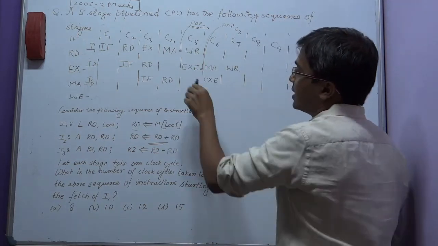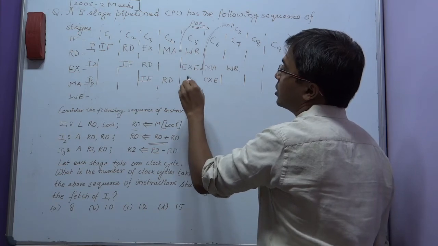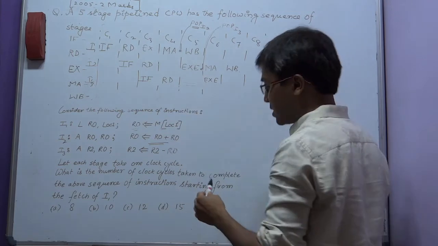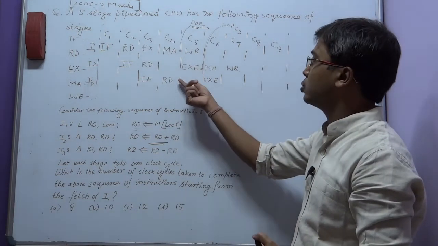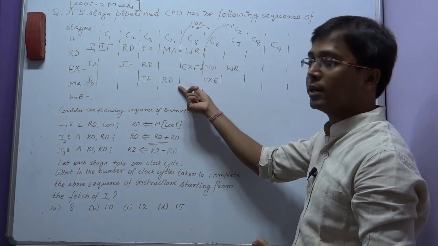Another reason is that the execute of I3 cannot be scheduled here because I2 at this point is in the execution stage and the arithmetic logic unit is already occupied by I2. So the arithmetic logic unit cannot be given to I3 for execution.